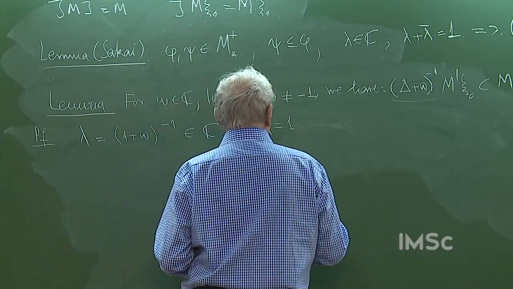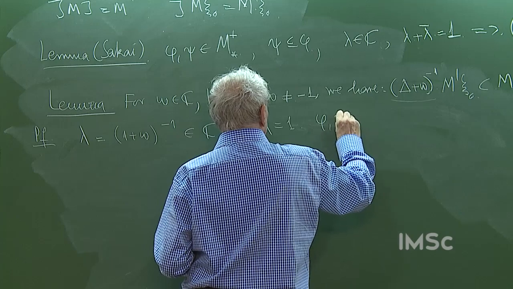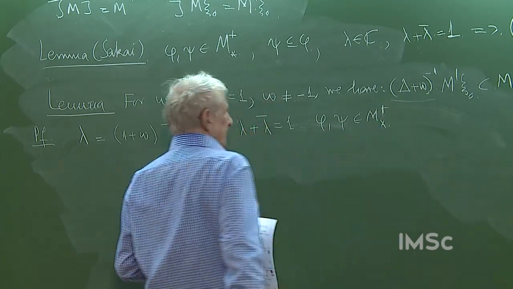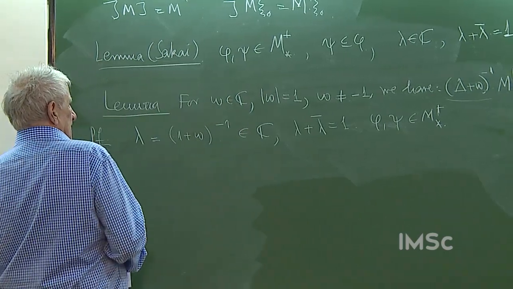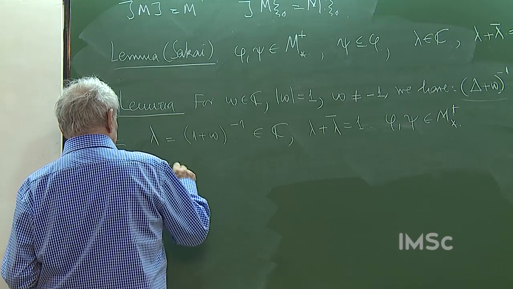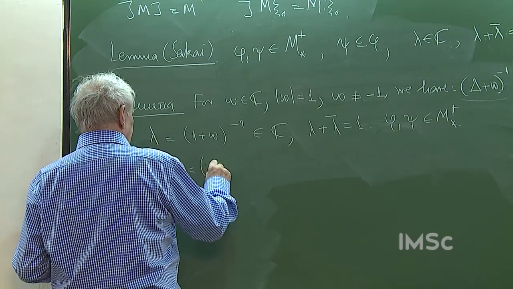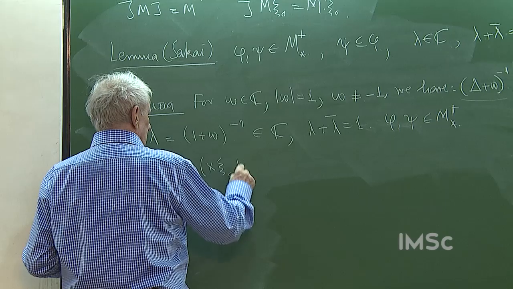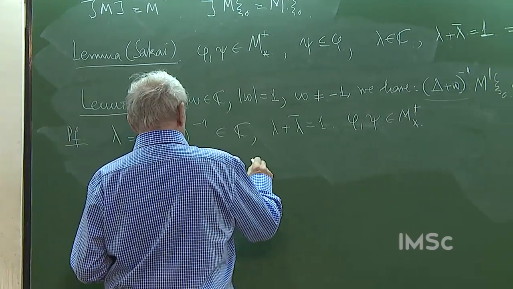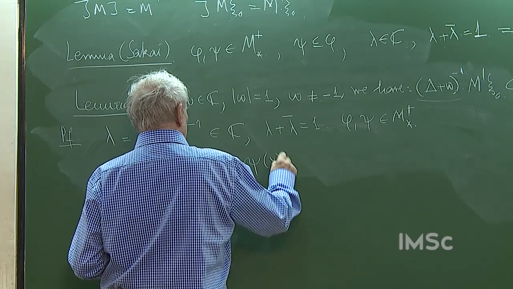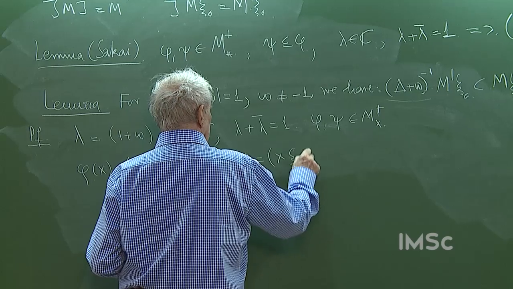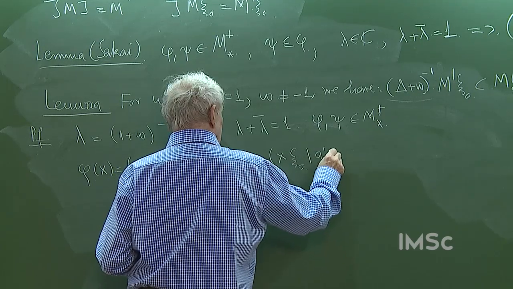Consider now the forms phi and psi in M star, in the predual, positive forms. They are vector forms defined by phi of x is equal to x psi naught psi naught, and psi of x is equal to x psi naught, A prime psi naught.